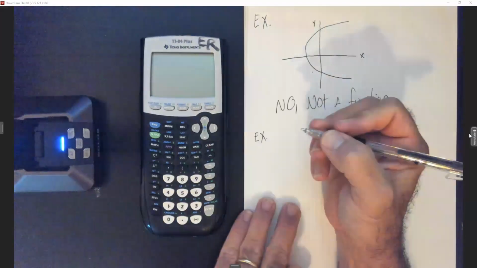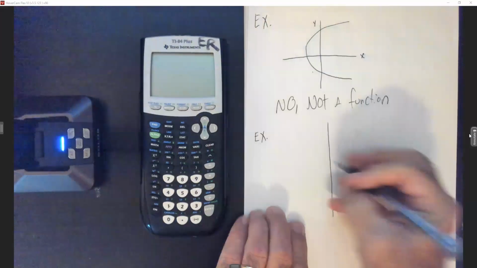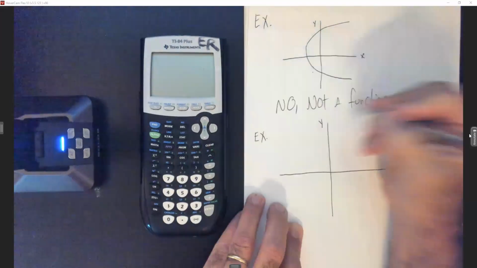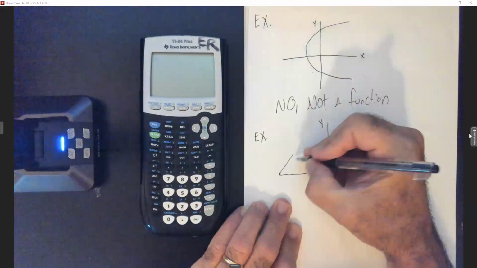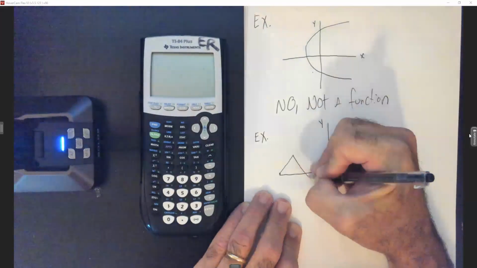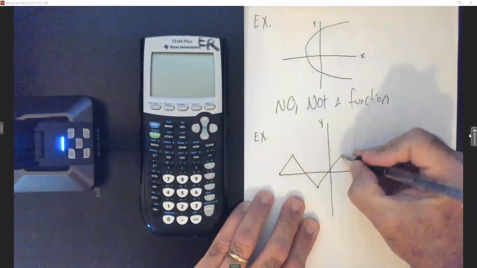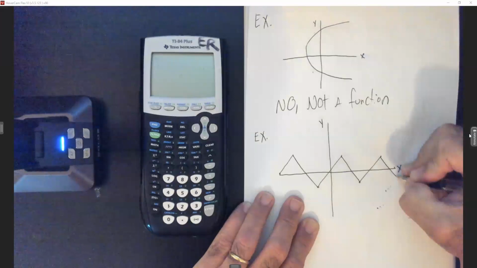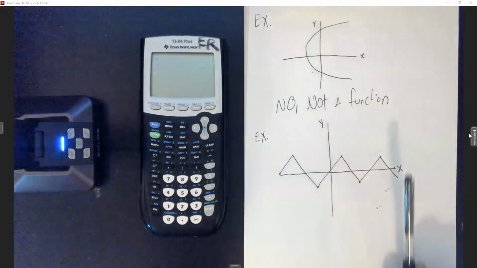One more, and then we'll move into 2.3. All right, so this looks basically like a jagged line.